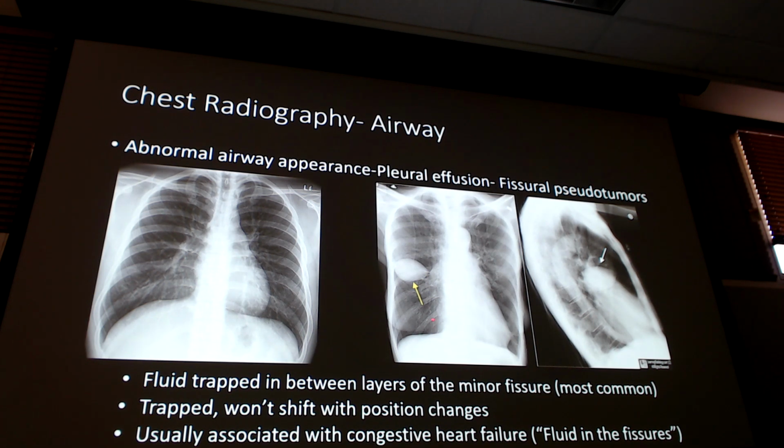So if I look at the same density going up, like we talked about yesterday, I don't get darker like I do on this normal x-ray here. Darker up, same density. And then I end up having this fissural pseudotumor. So it's basically the same concept as the loculated ones. The difference is this time it's trapped in between layers of the lobes of the fissure area.